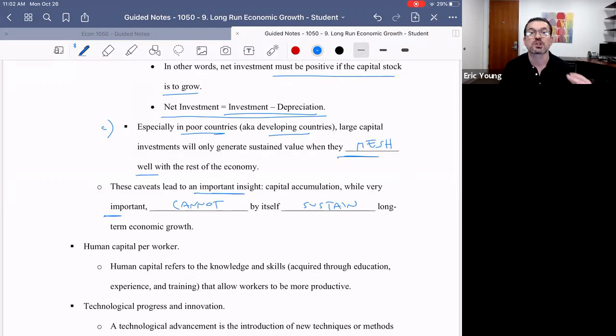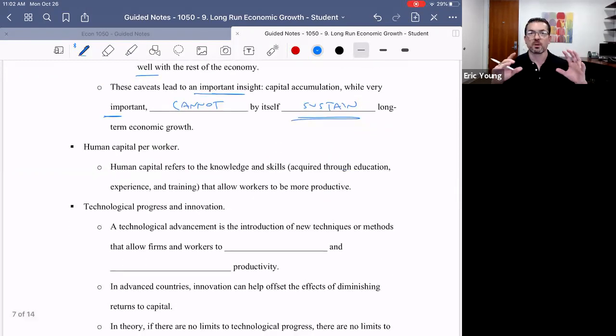Capital accumulation can spark some economic growth. It can help an economy grow and kind of take off. But critical takeaway here, capital accumulation by itself cannot, will not sustain the long-term growth that we talked about earlier, okay? So that's one really big one.